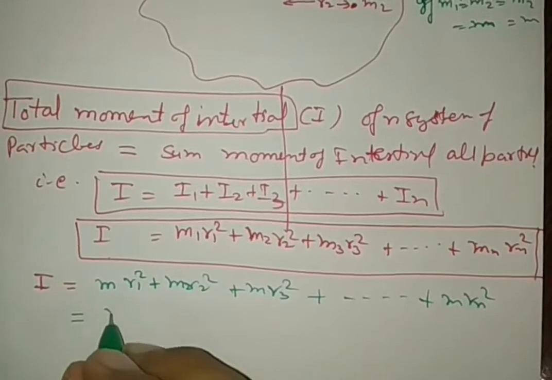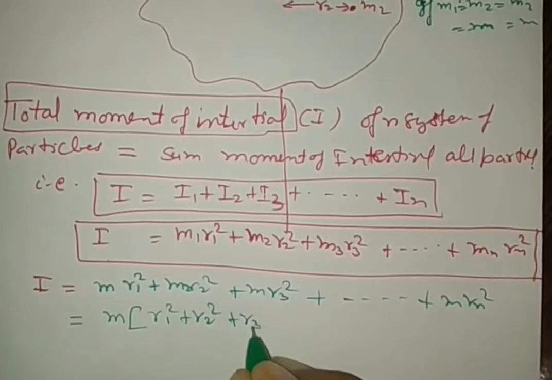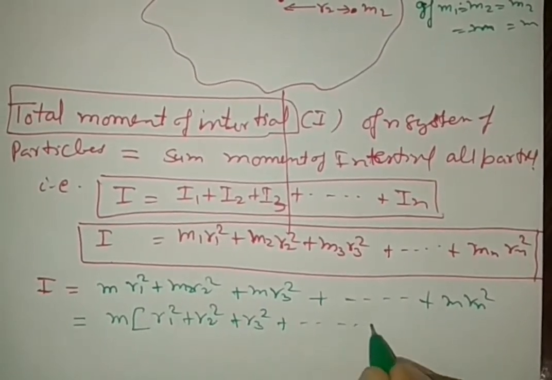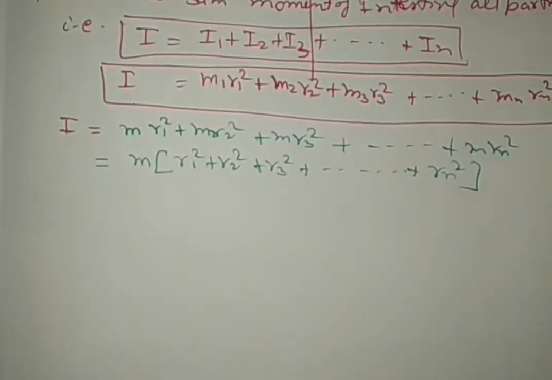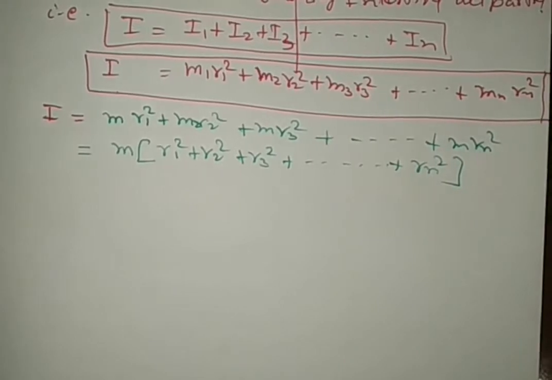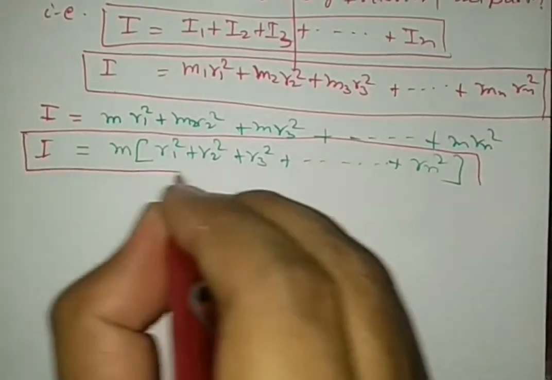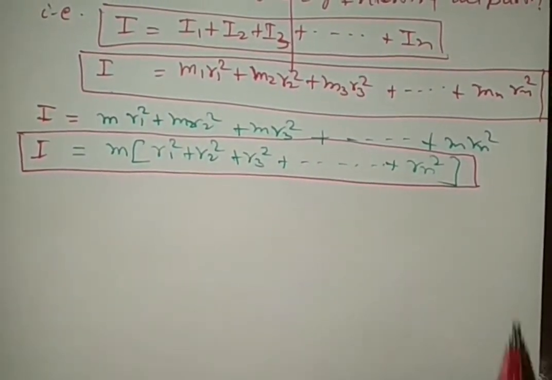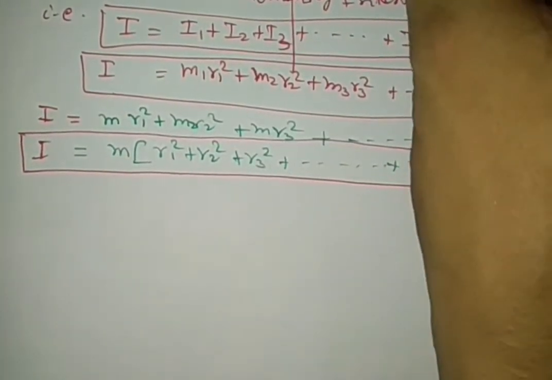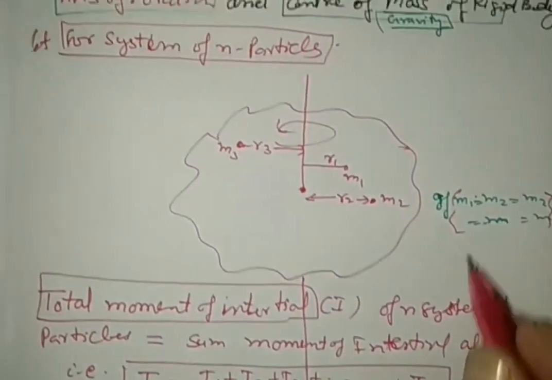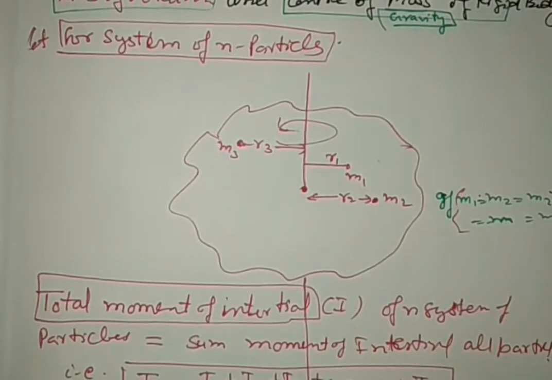Here m is common: r1 square plus r2 square plus r3 square and so on up to rn square. This is the moment of inertia when all the particles have equal mass, they are homogeneous; m1, m2, m3 are all equal to m.